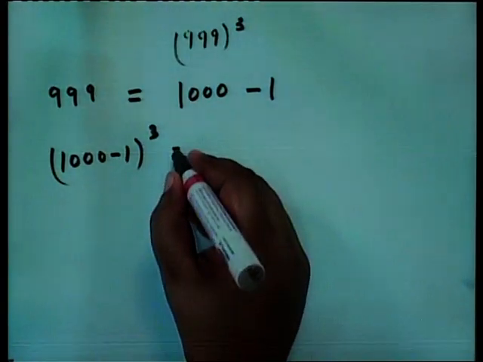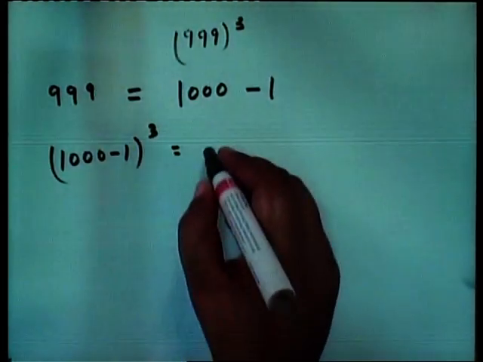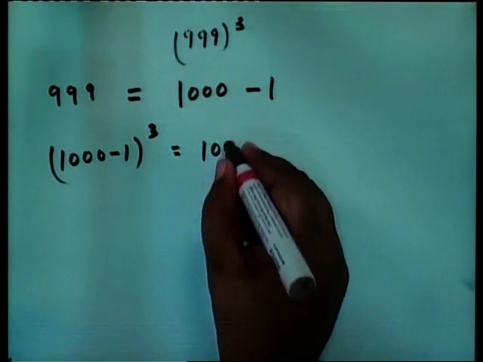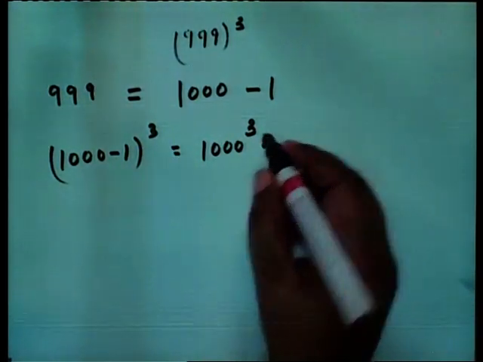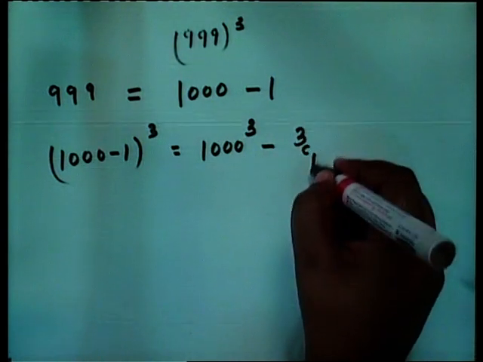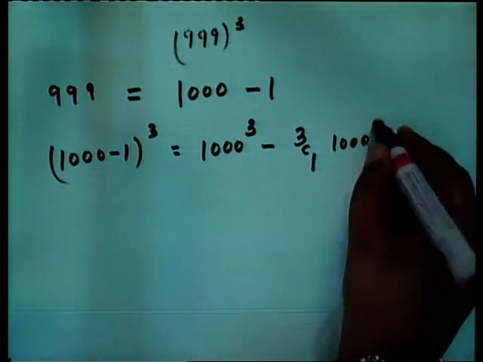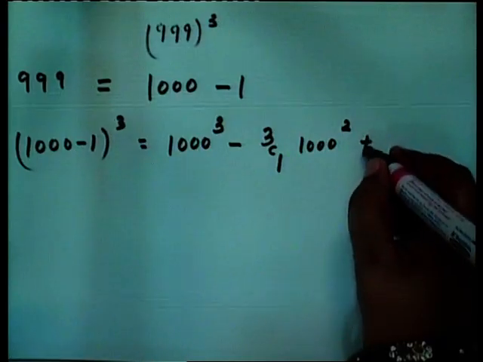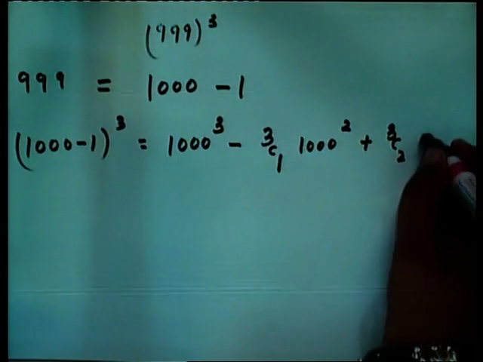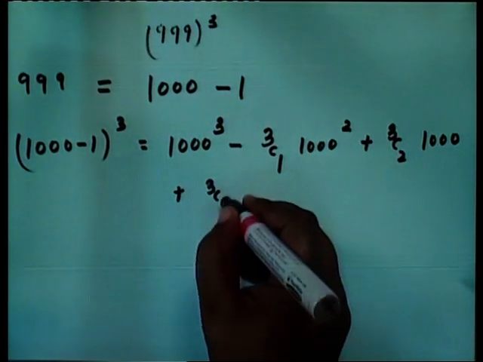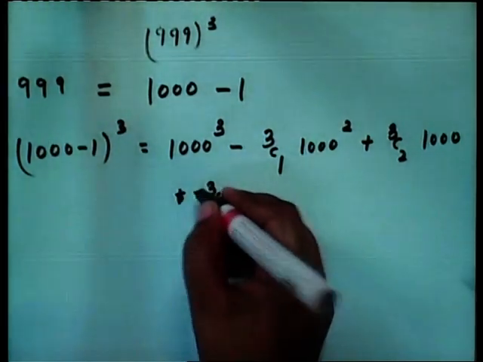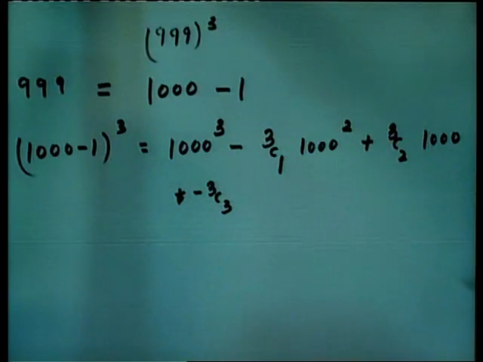So this will be equal to 1000 cube minus 3C1 into 1000 square plus 3C2 into 1000 minus 3C3, that's it.